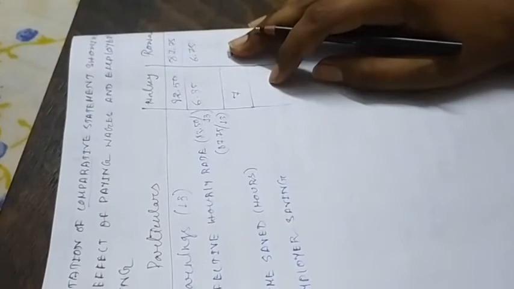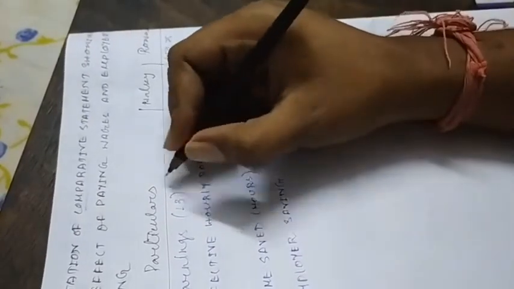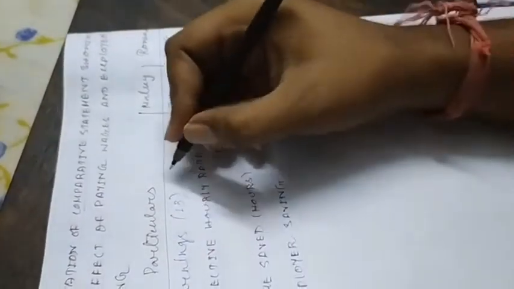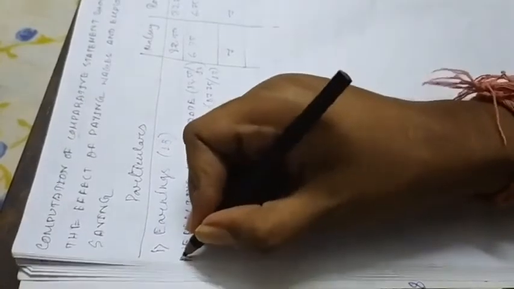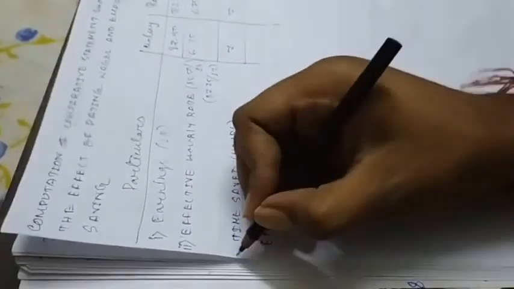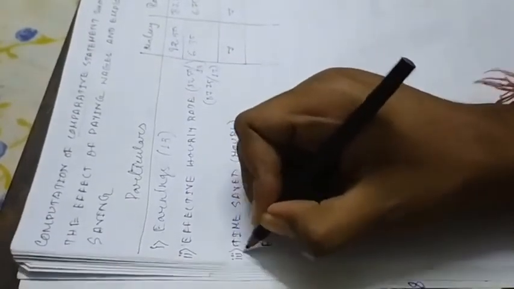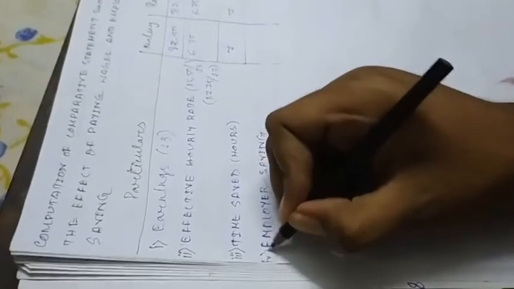There are ways of calculation, so let me show you. I'm marking each: earnings is number 1, number 2 is effective hourly rate, number 3 is time saved, and number 4 is employer saving.